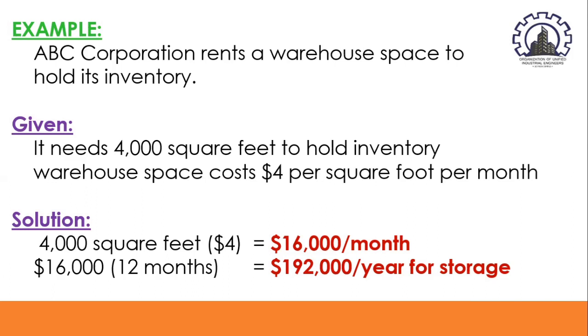Solving this, 40,000 square feet multiplied by $4 per square foot per month would be $16,000 per month. And $16,000 per month multiplied by 12 months in a year would be $192,000 per year just for your storage.